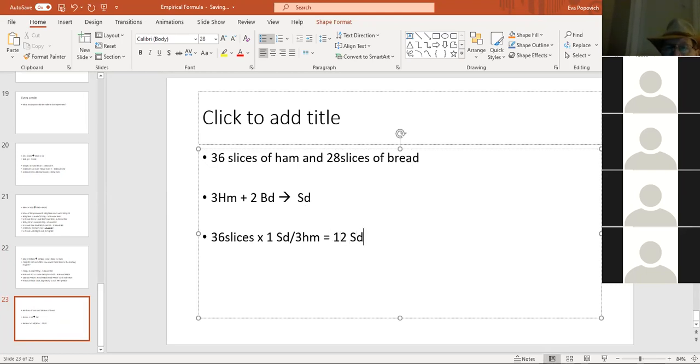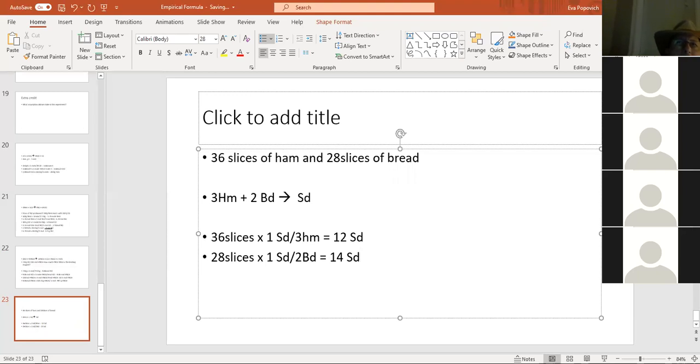On the other hand, with my bread, the bread will make 14 sandwiches, but I only have enough ham to make 12.